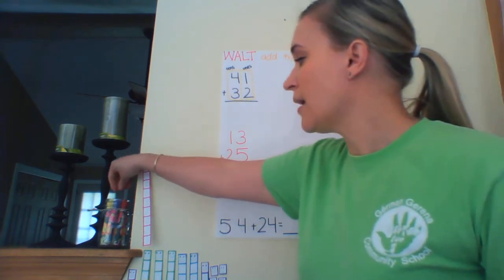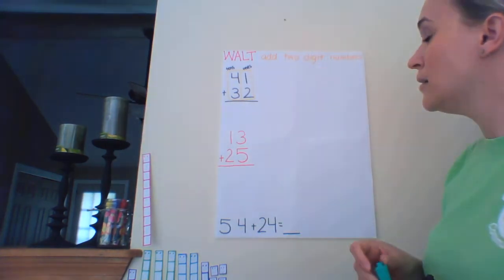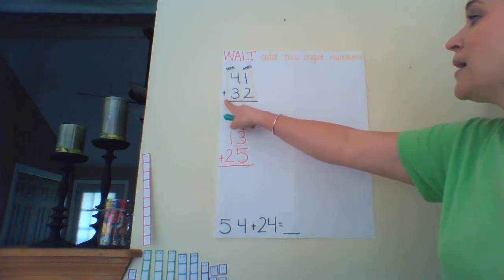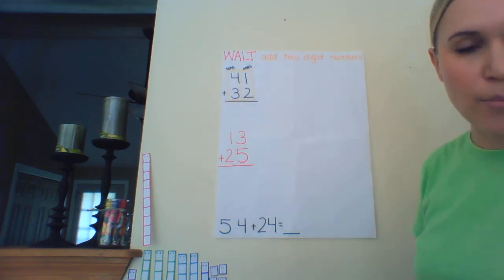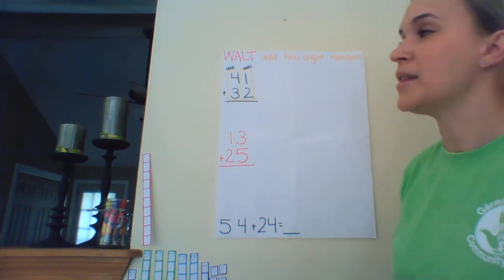So if I'm looking at 41 plus 32, I'm going to draw both of those numbers out first, starting with the tens.